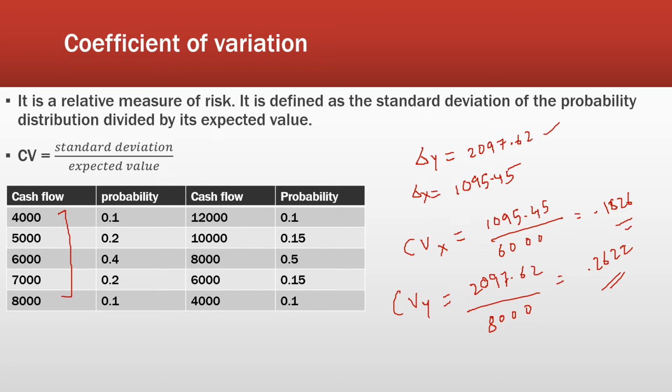Since there is a larger standard deviation, there is also a probability of a higher expected monetary value. But in case the investor is risk averse, or doesn't like to take risk, he would accept project X, for it is less risky as it has a lesser standard deviation. More standard deviation is more risky, less standard deviation is less risky. I hope this is clear up till now.